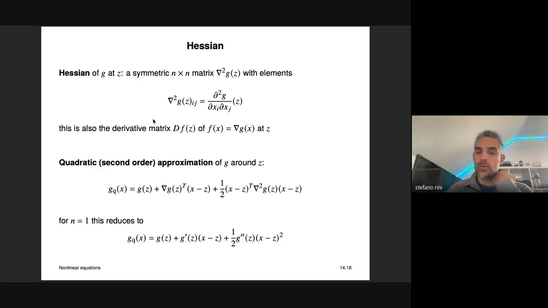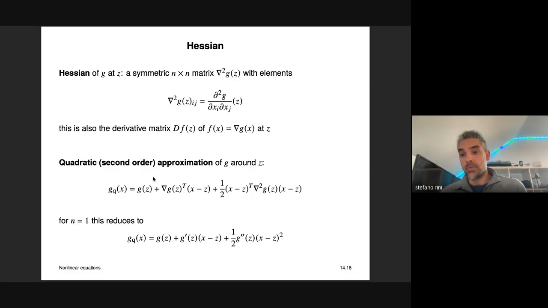Then, in order to know if we are going toward the minimum or maximum, we take the Hessian, which is sort of the order 2 of the Nabla operator. So we take a partial derivative with respect to xi, and then a partial derivative with respect to xj, and we stack it in a matrix of size n times n, so that now we have this Nabla square operator, which refers to the Hessian, and in position ij we have this beautiful entry.